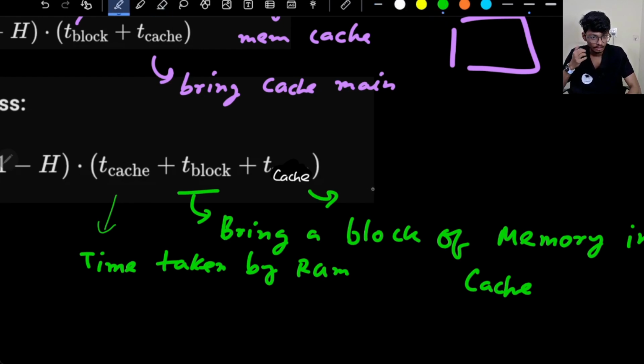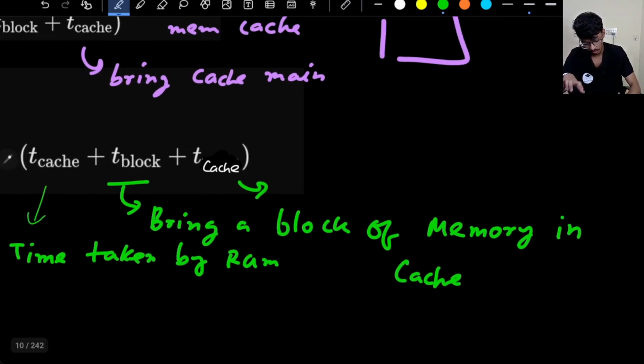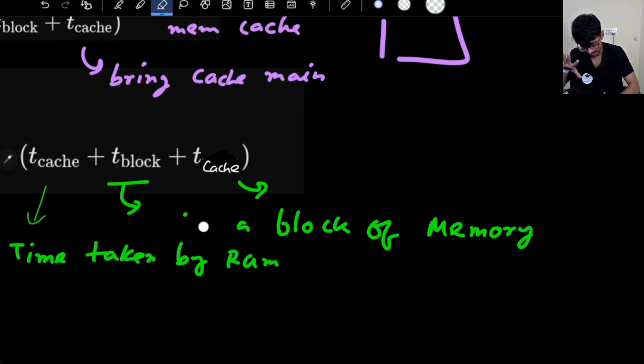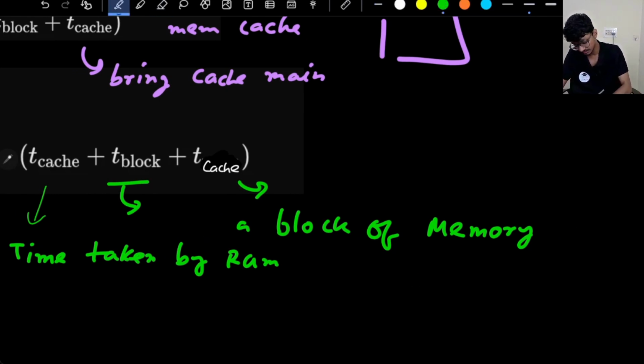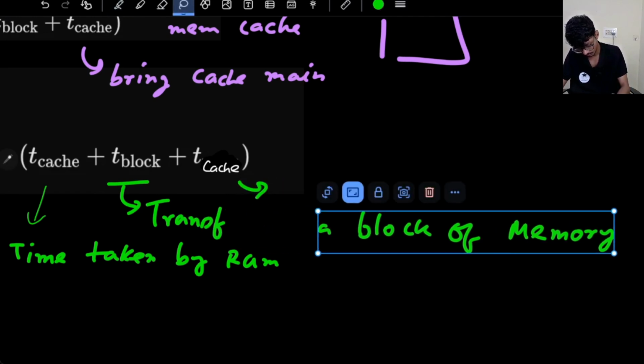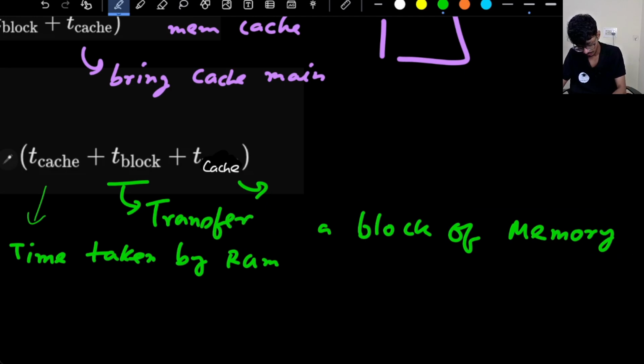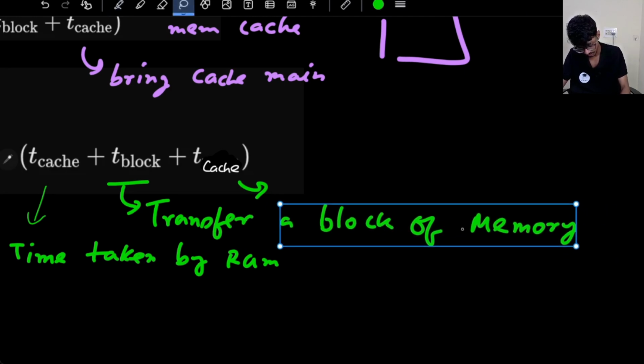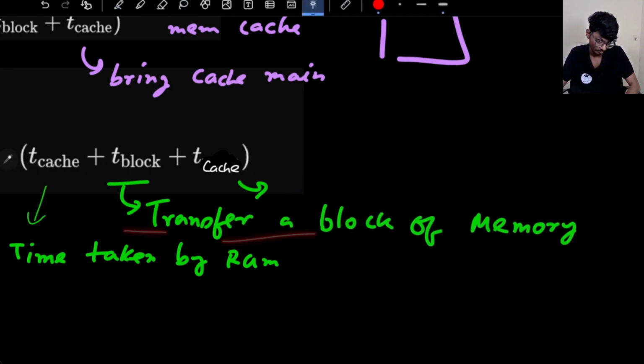So no, not exactly that, this is just the transfer time. I will just rephrase this. Actually, there is a good term: this is the transfer time, the time taken to transfer a block of memory.